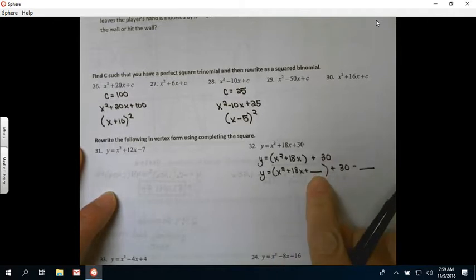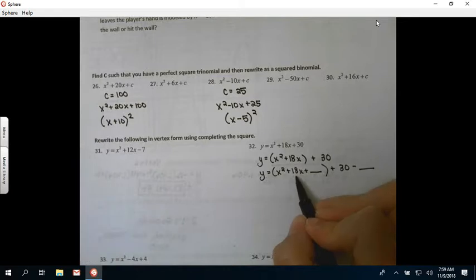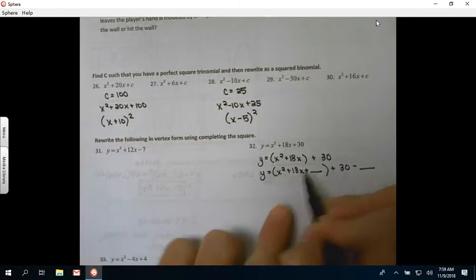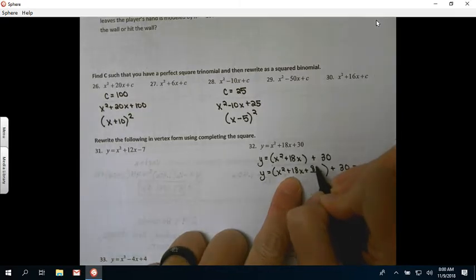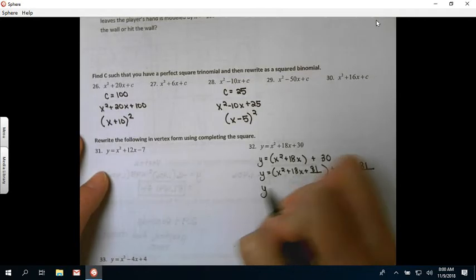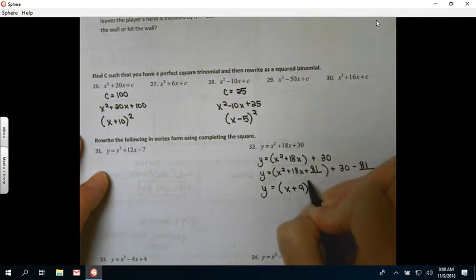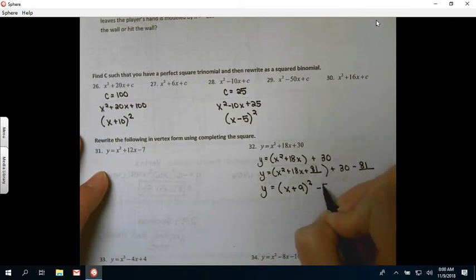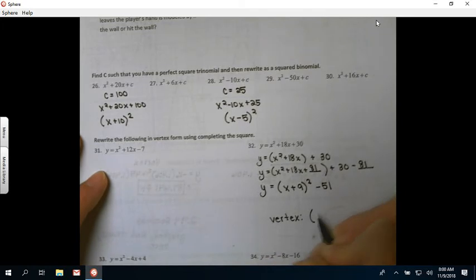But if I add something here, I have to take it away on the outside, otherwise I've changed the entire equation. I'm going to do what I did up here. So 18 divided by 2 gives me 9. 9 squared gives me 81. But if I add 81 there, I need to subtract it right there. So I'm going to end up with x plus 9 squared minus 51. Remember that this is vertex form because this is h and that is k.